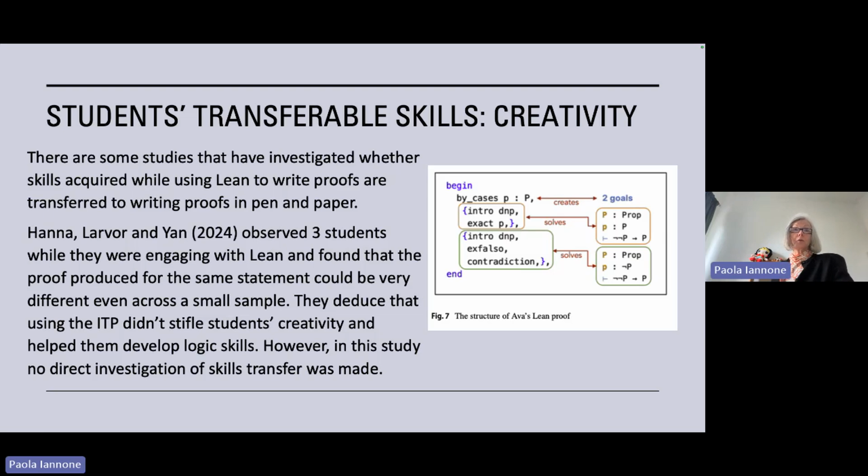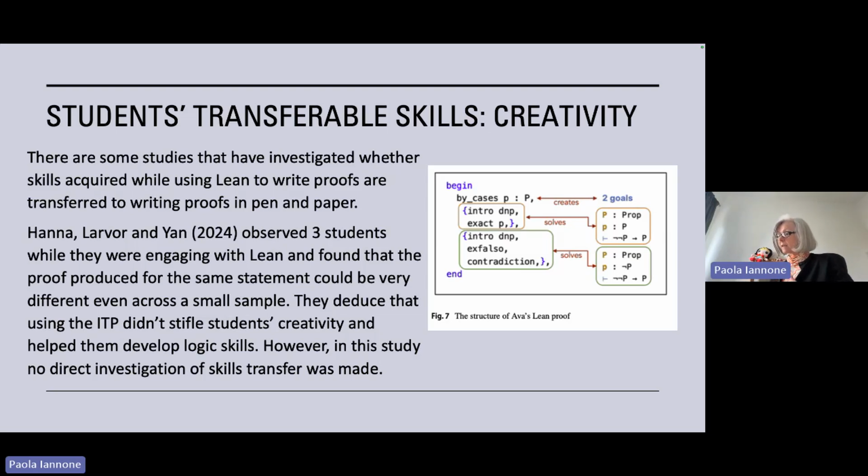And they also found, I know they use Lean in their study, that using these systems can help with developing logical skills with students, and that can make them think a little bit about the proof structures.